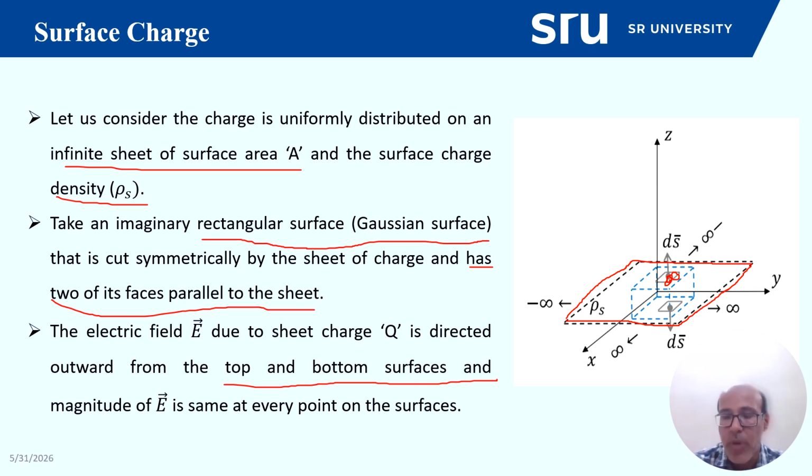So what is it that we have to do? The three steps we follow again here. One we have already followed: the Gaussian surface that we consider is different from the first two. One is spherical for point charge, cylindrical for line charge, and this one a cuboid type of Gaussian surface. The second one is you can directly start the mathematical part, start with the Gauss law of electrostatics, but instead of Q, we have used rho L for line charge.